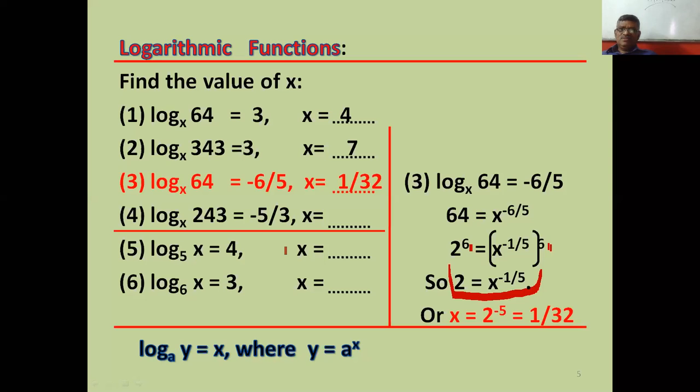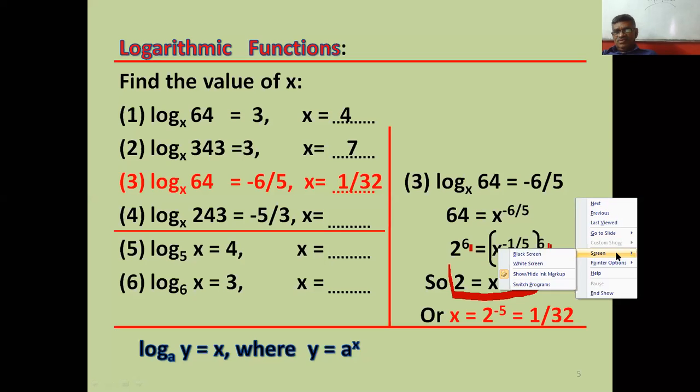Can you equate the bases? I can repeat. 3 raised to 5 is equal to x raised to minus 1 by 3 raised to 5. You should get it by now.